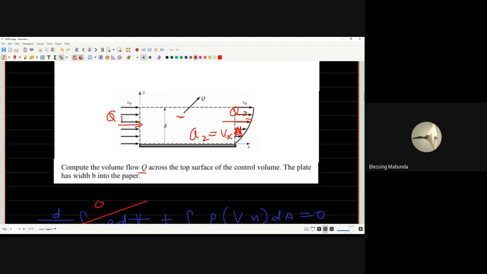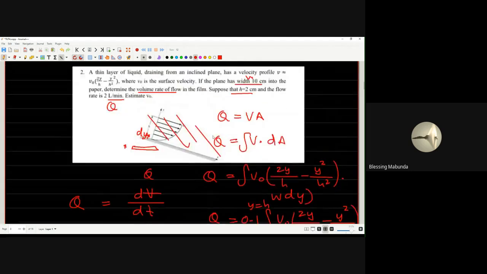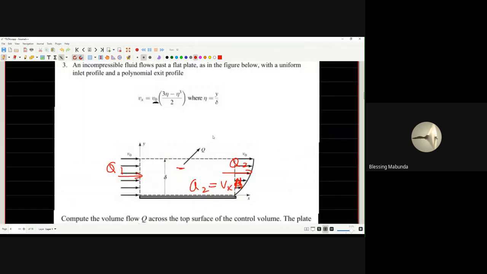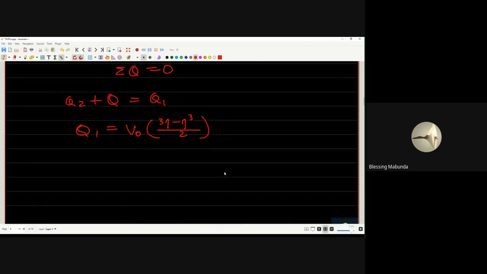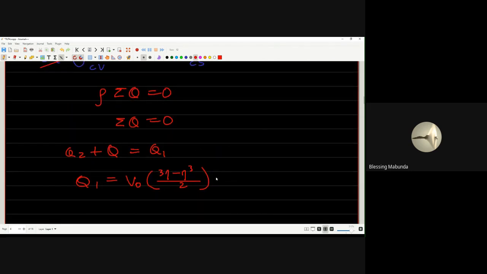Since this profile is parabolic, it's not linear, so when you calculate area, it's not simply going to be the length multiplied by the height. We have to consider the differentials. So we'll consider the width B as well as the differential vertical length dy for that profile. So this is V dy.